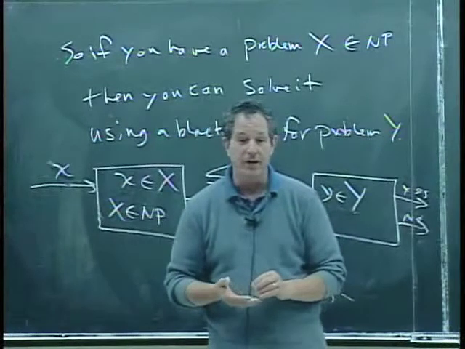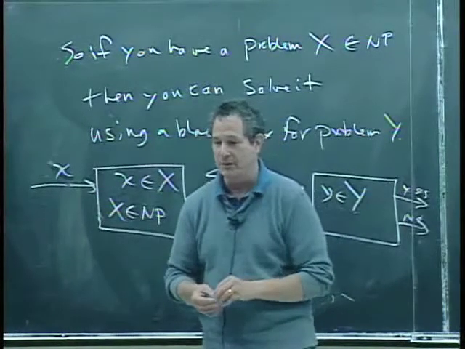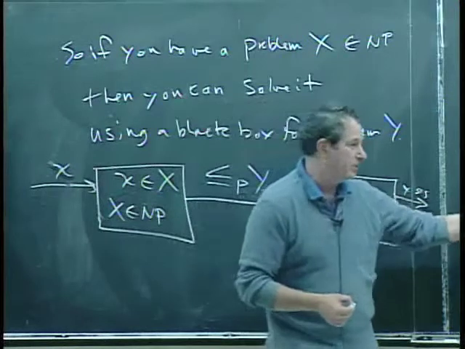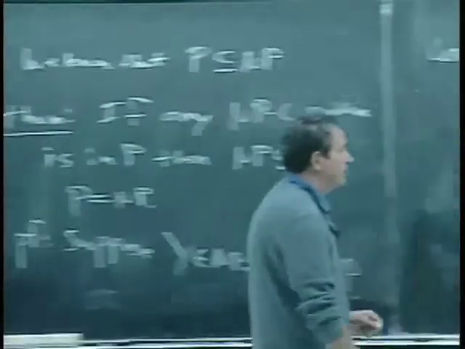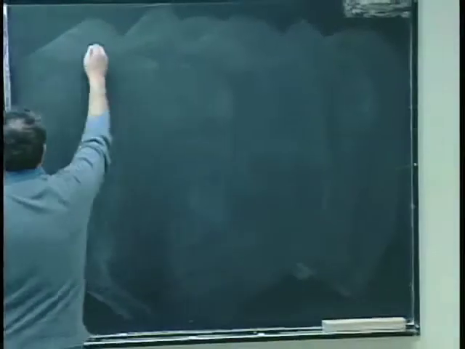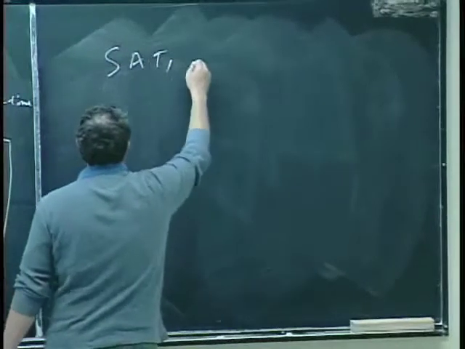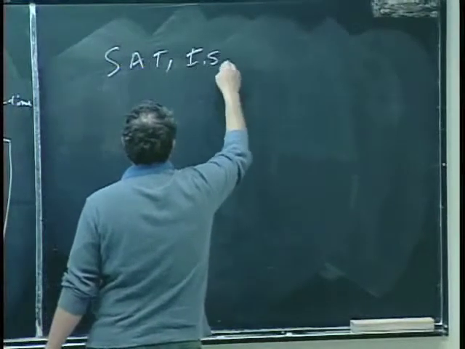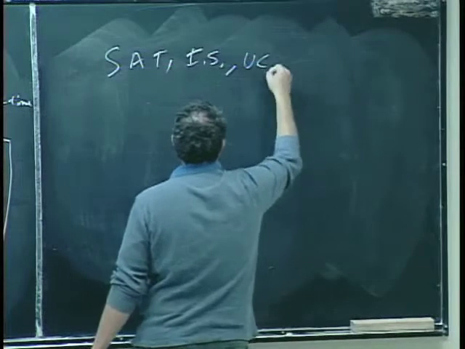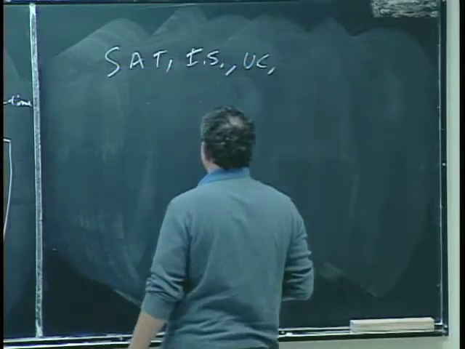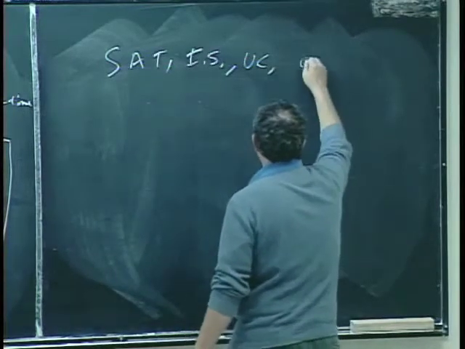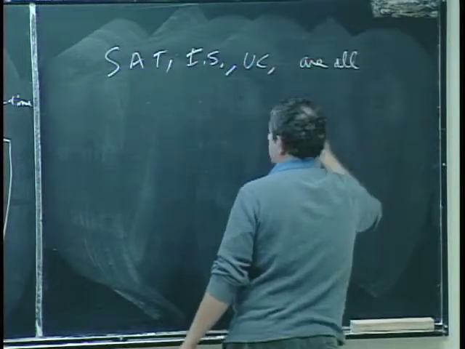Okay, so far I haven't said there are actually any problems that are NP-complete. We just have this nice definition. In fact, SAT, independent set, vertex cover, I think those are the only 3 that we've looked at so far, are all NP-complete problems.